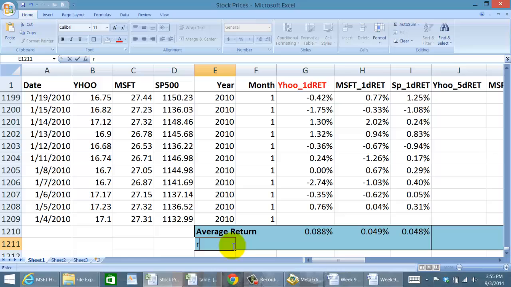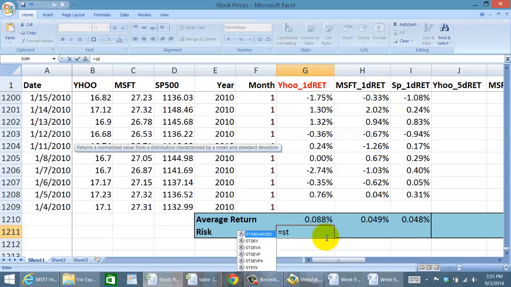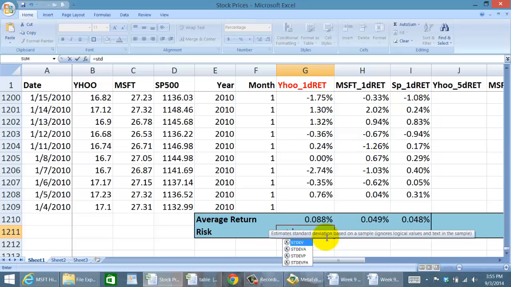Now the risk. We always have to pay attention to risk and return, right? How do we calculate the risk? What is the function for risk? You still remember that the total risk is the standard deviation of that series of returns. So here we use the standard deviation based on a sample.